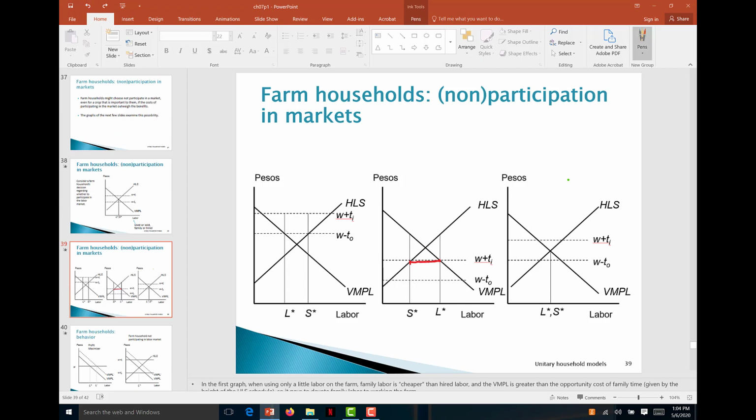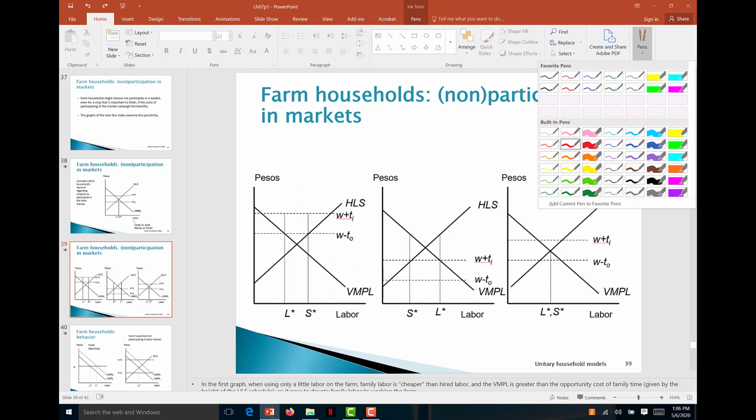It is worth it for the household to hire more than the autarky equilibrium. Why? Because the value marginal productivity of labor is still higher than the W plus TI, which is the cost of the household, including the transfer costs of hiring labor from the labor market.